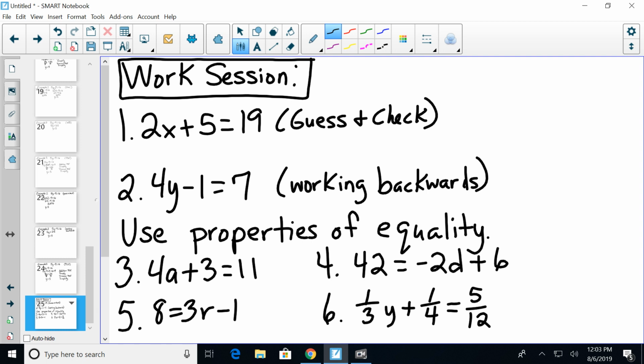So once you get started on the problem, we can help walk you through it, right? You should have a justification for each step.